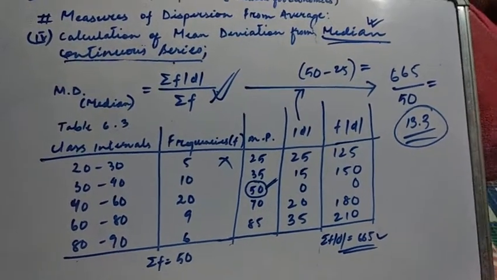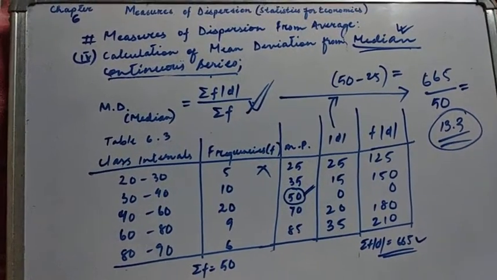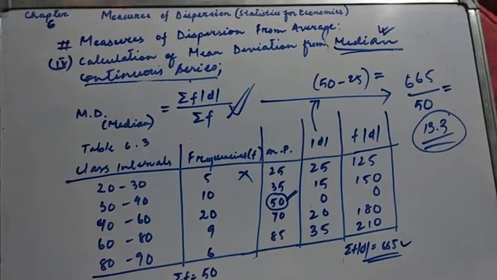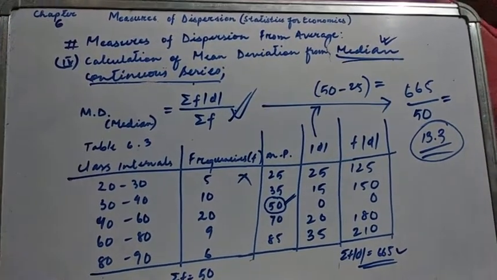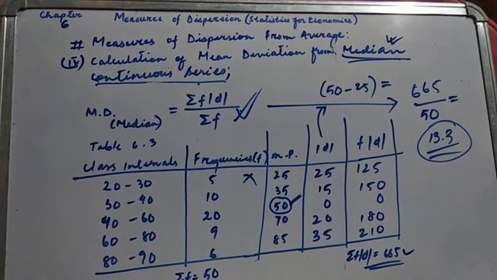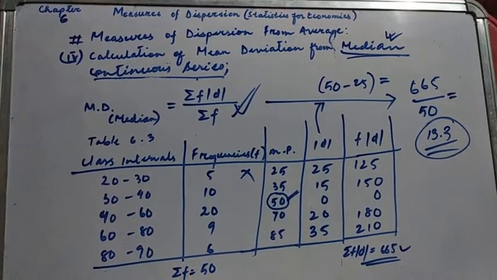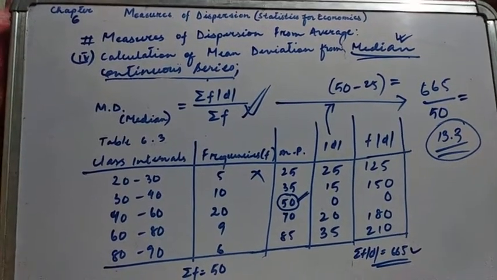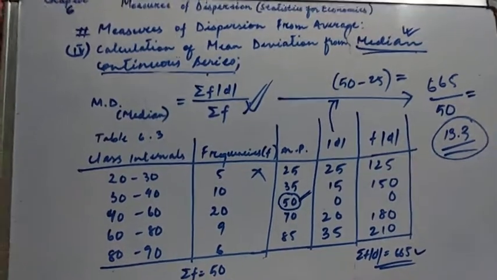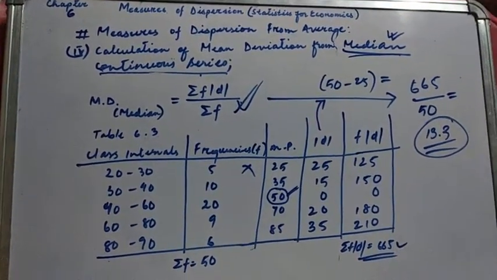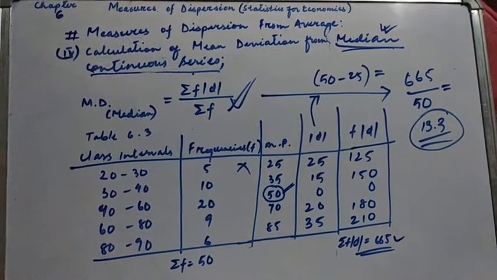We shall discuss that in the next class. So far we have discussed mean deviation for ungrouped data and continuous series, and in both you have mean deviation from mean and mean deviation from median. You have to differentiate them and know them very clearly so that you will not get confused.